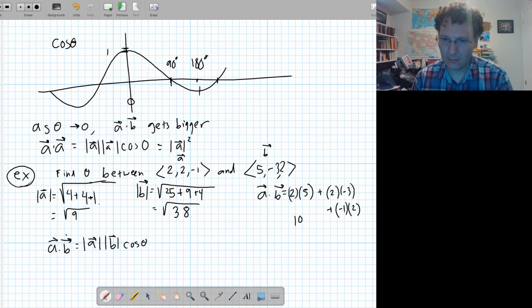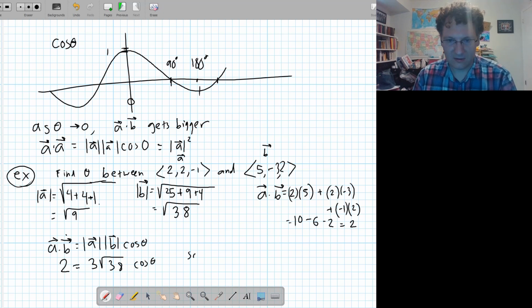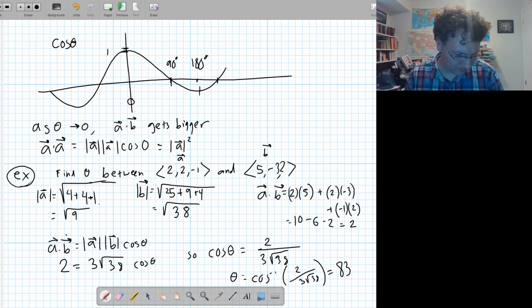This is 10 minus 6 minus 2, that comes out to 2. 2 equals 3 times the square root of 38 times the cosine of theta. So the cosine of theta is going to be 2 over 3 root 38. So theta is going to be the cos inverse of 2 over 3 root 38. Comes out to 83.79 degrees.